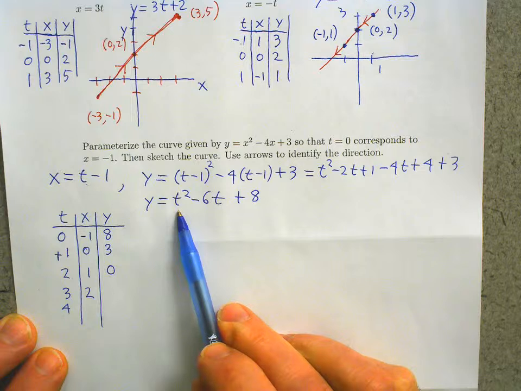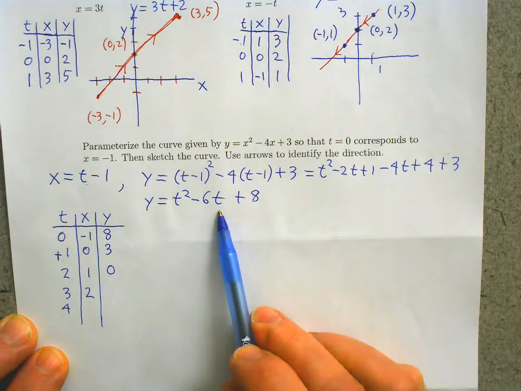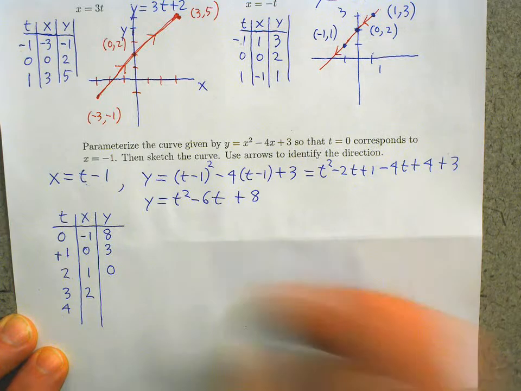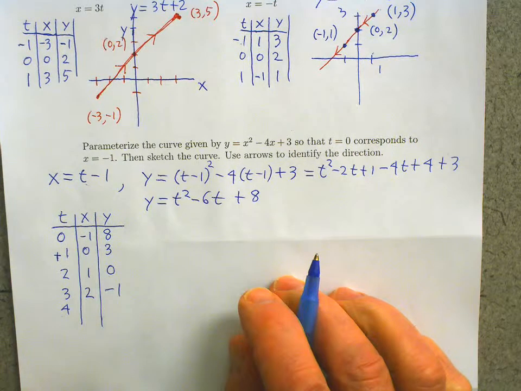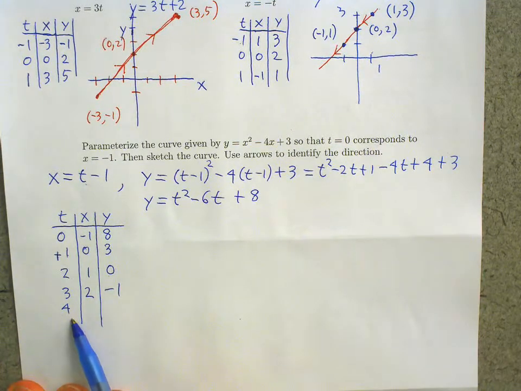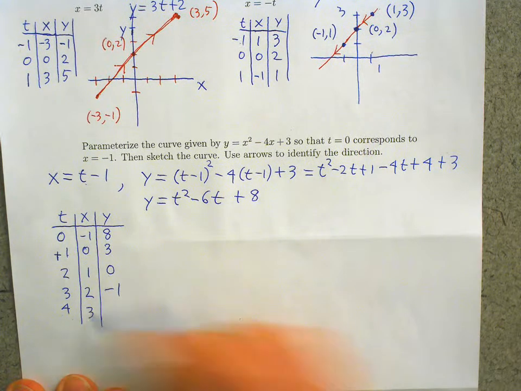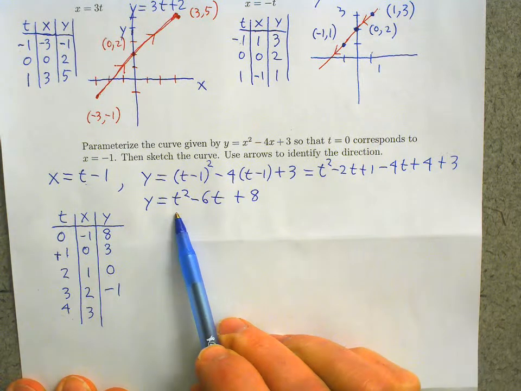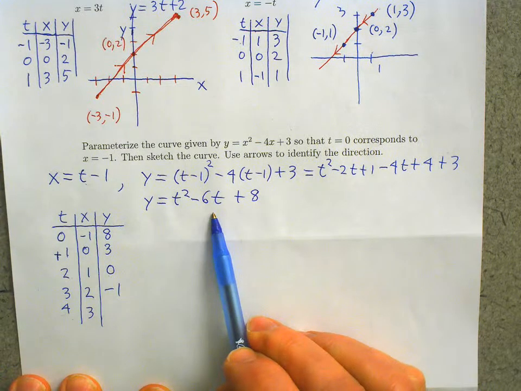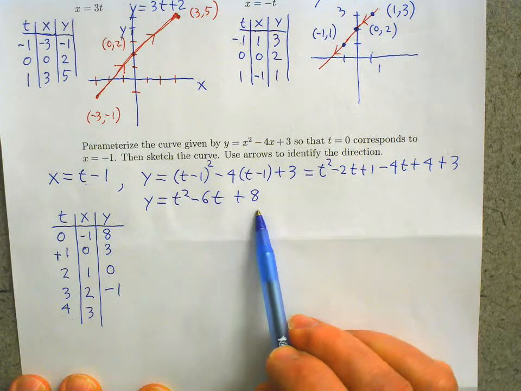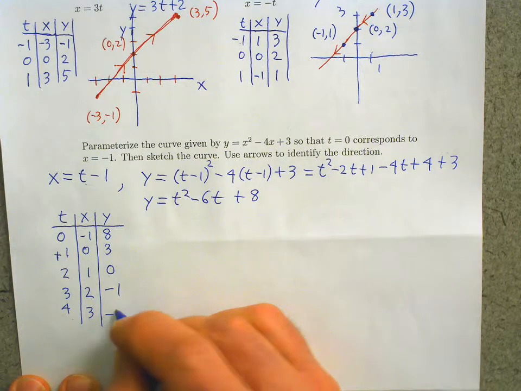The y coordinate 3 squared is 9, minus 18 is -9. -9 plus 8 is -1. When t is 4, x is 4 minus 1 or 3. The y coordinate 4 squared 16 minus 24 is -10. -10 plus 8 is -2.